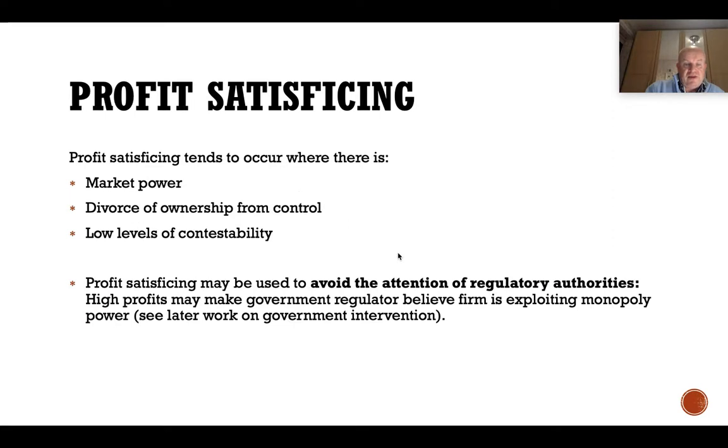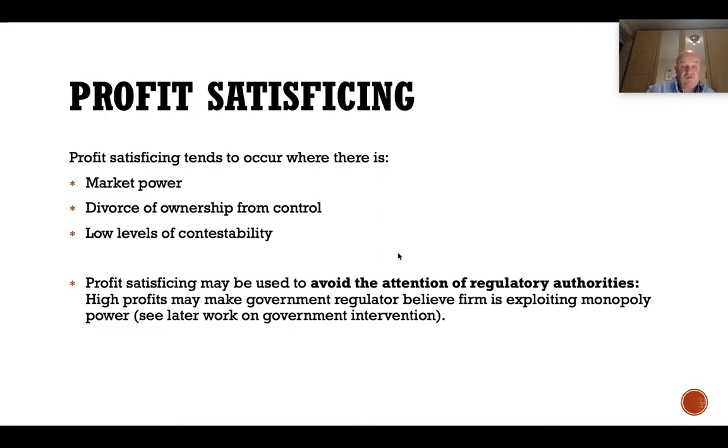So that's essentially where this can happen, and this can happen in a number of different areas. Okay, one is where there is a significant amount of market power. So if an organisation is holding a high level of market share and maybe is able to set their own prices because they can provide a differentiated service or product to the rest of the market, that clearly can have a significant influence and is where some profit satisficing will come from.